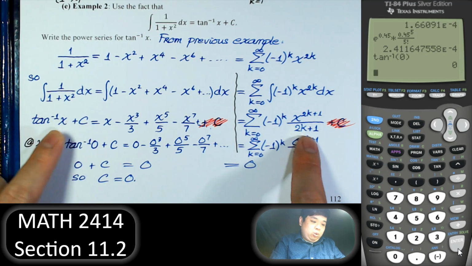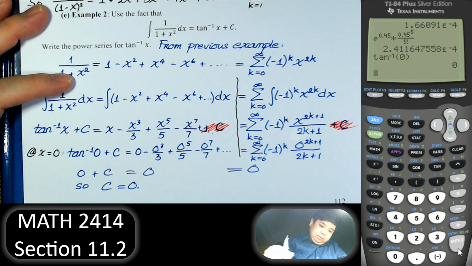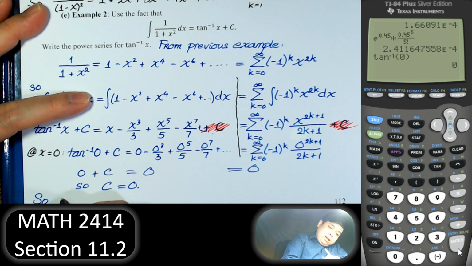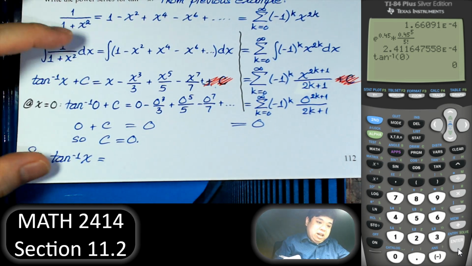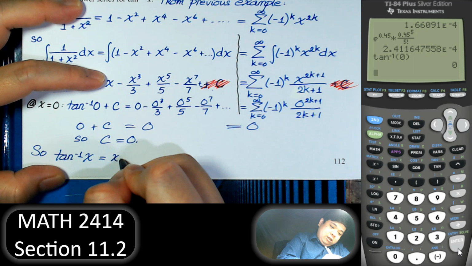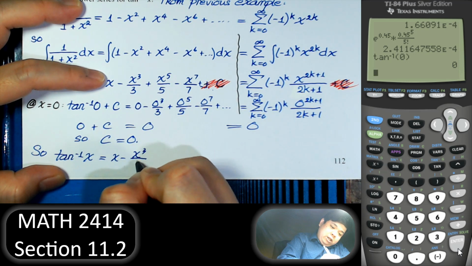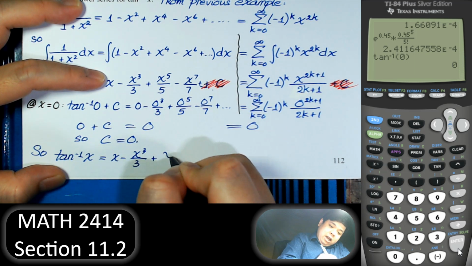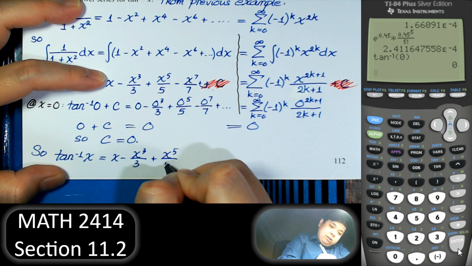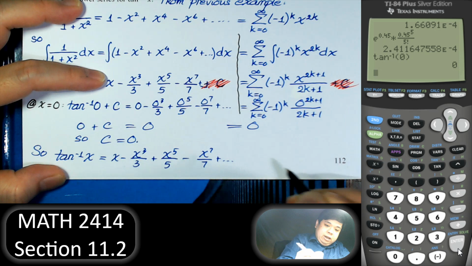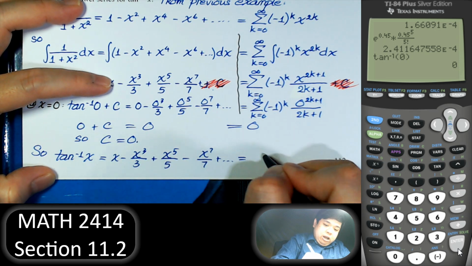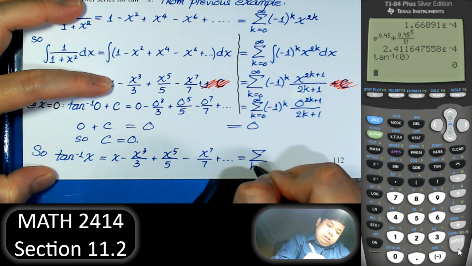So with that, we can say tangent inverse of x plus c, but c is 0. So we just say tangent inverse of x is equal to x minus x cubed over 3 plus x to the 5th over 5 minus x to the 7 over 7, and so on. Or we can write it as the series, as a summation.